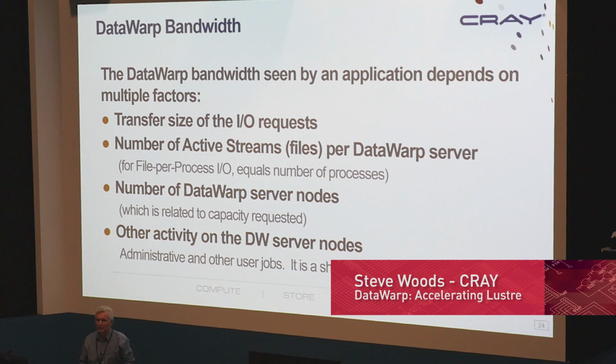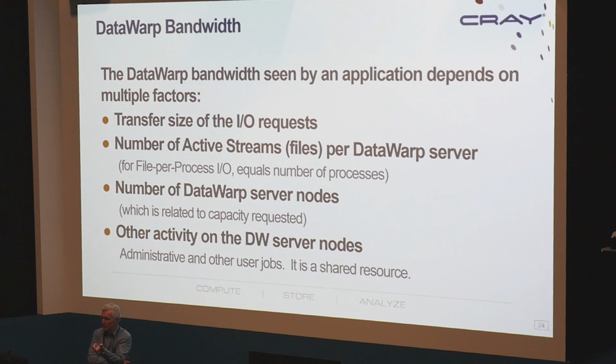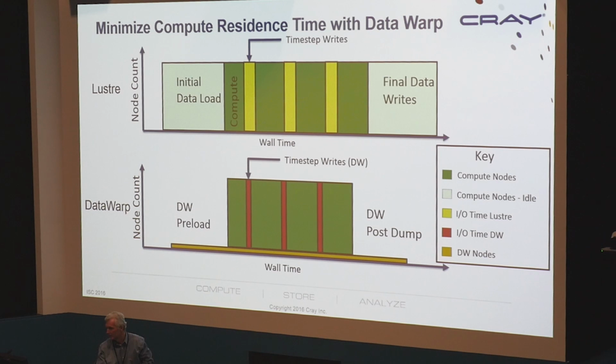As far as the bandwidth, how it performs, it depends, of course, on transfer size, the number of streams per DataWarp server, the number of DataWarp nodes, obviously, and because of the way it does its striping across there, is there any other activity that happens to also be happening on the DataWarp node at the same time?